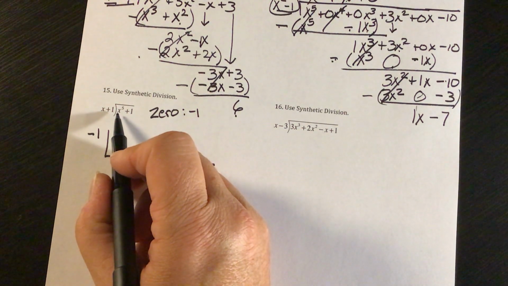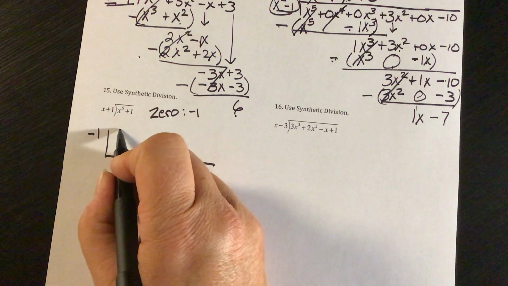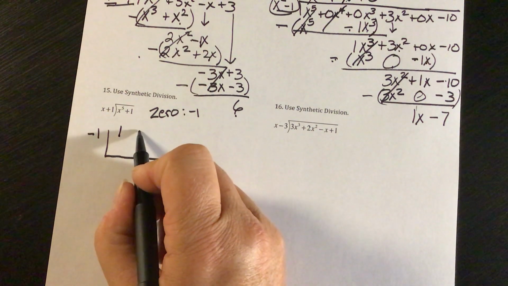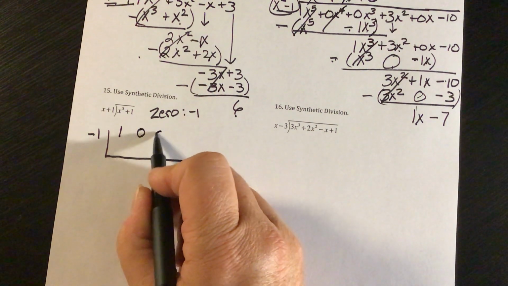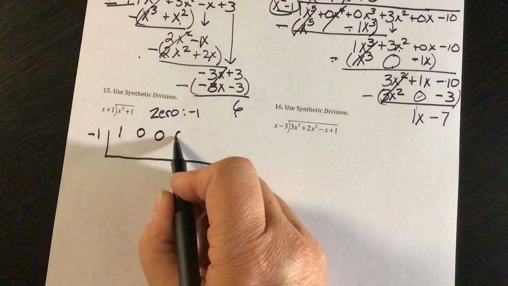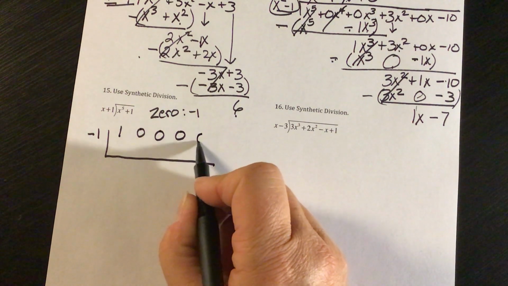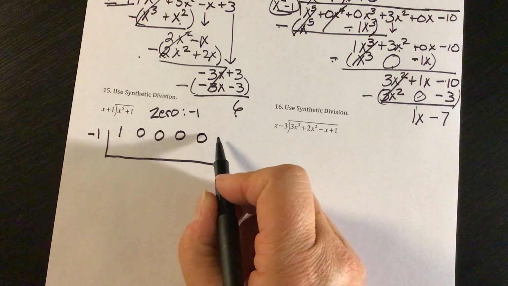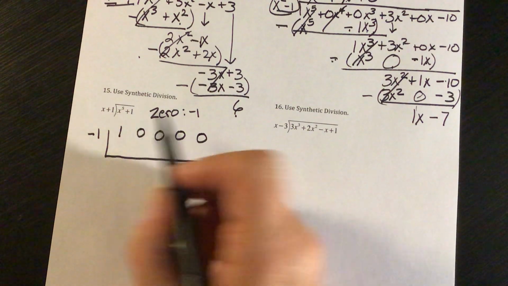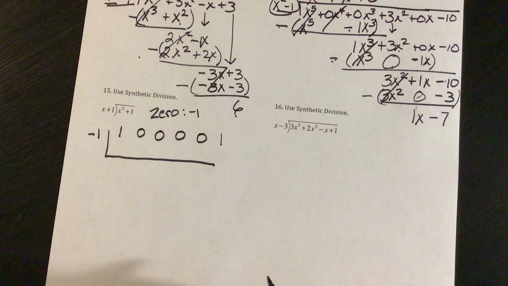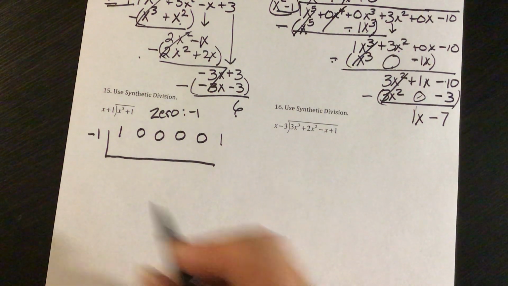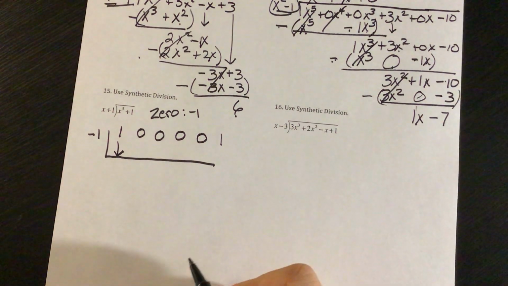So for my coefficient, for my x to the 5th, I have a 1, but x to the 4th is 0, x to the 3rd is 0, x squared is 0, x to the 1st is 0, and x to the 0, or my constant, is 1. All right, so let's see how that looks.